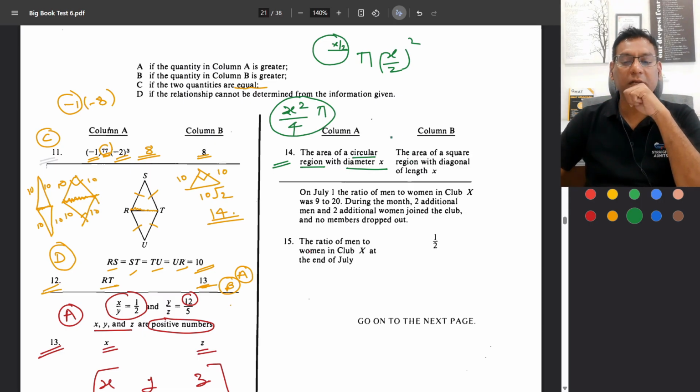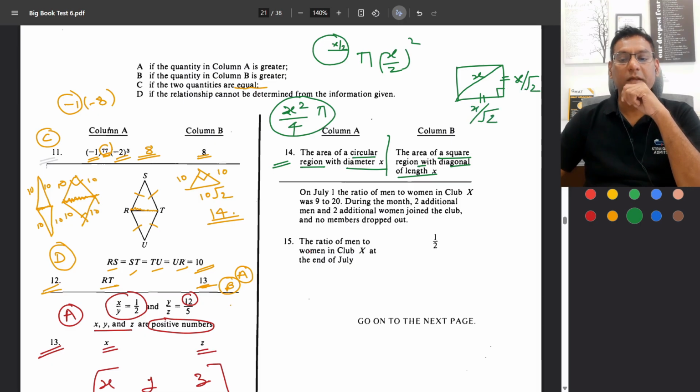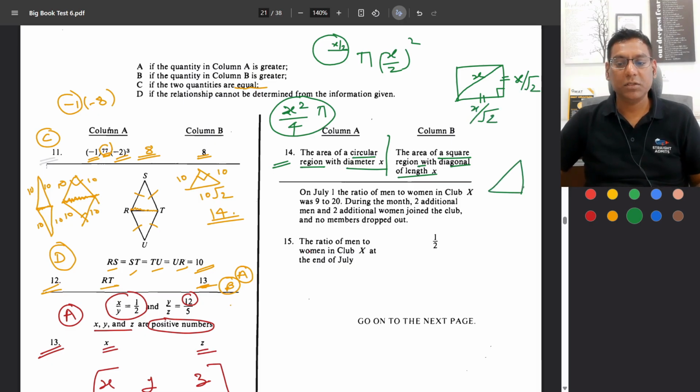This is the quantity on the left side. The quantity on the right side: area of a square region with diagonal of length x. So this is a square, the diagonal is x. If the diagonal is x, all the sides are going to be x by root 2. How do I know that? Pretty standard. Let's say the side was a.